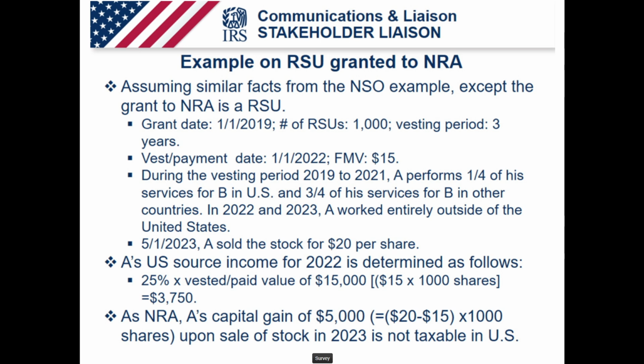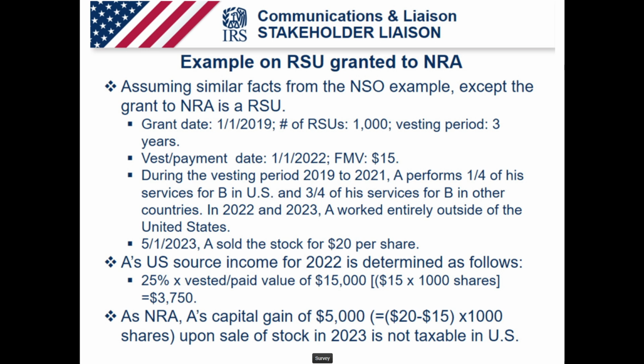In this example, non-resident alien A vested in 1,000 shares of restricted stock units on January 1st, 2022, when the fair market value per share of stock was $15. Therefore, the total value of compensation received from the shares vested in is $15,000. As with the non-qualified stock options, the compensation has to be sourced.